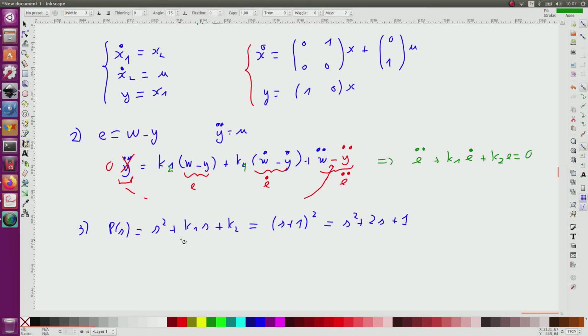By identification, I see that this one is equal to 2 and that this quantity is equal to 1. As a consequence, k1 equal to 2 and k2 equal to 1.